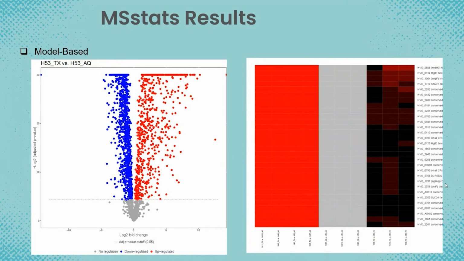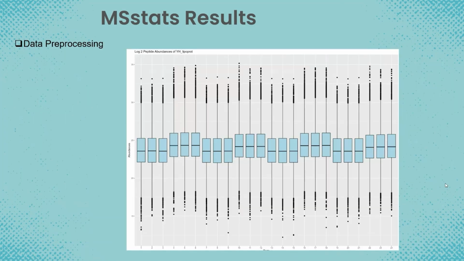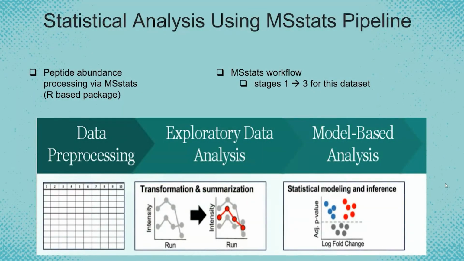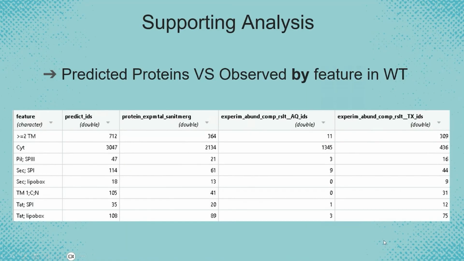Here we can actually see the significant proteins in the volcano plot. This result represents this aspect, but this has to do with the model-based analysis, which is what I've been working on. This has to do with looking at the wild type and looking at the proteins compared to predicted proteins and the numbers per feature.